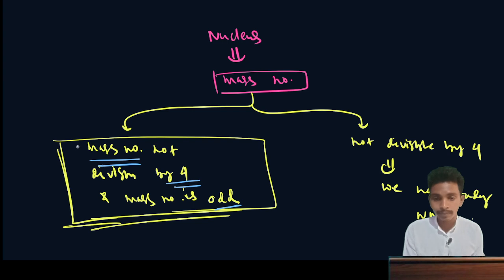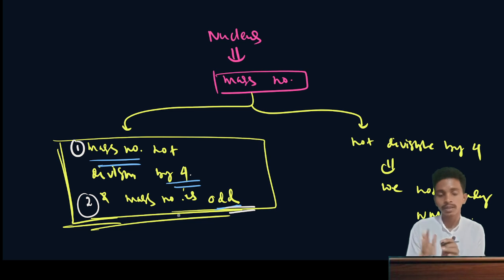That is, first the mass number should not be divisible by 4, and second the mass number has to be odd. These are the two points to check if you want to study NMR data. If it is not divisible by 4 but it is an even number, there also we will not study the NMR data, because in that case we get a broad peak.